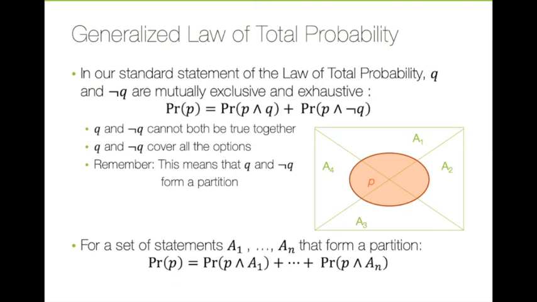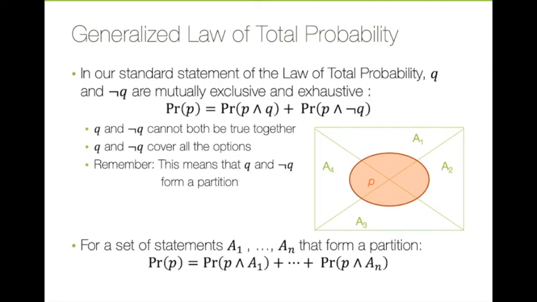But partitions can divide up possibilities into any number of parts. So we have a diagram to the right here with a partition. And the partition is formed by A1, A2, A3, and A4. With the concept of a partition in hand, we can then actually give a general statement of our law of total probability.